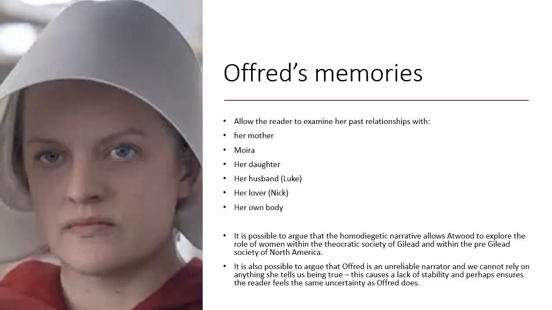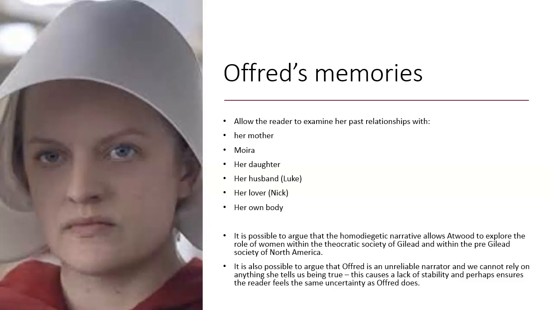Welcome back. I'm hoping that you've got some real clarity about what happens in the novel now. So we have a homodiegetic narrative which allows us to examine Offred's life, or the parts of it she reveals, in great detail. In particular, her relationships with other characters. We've got a relationship with her mother, not a particularly good one.